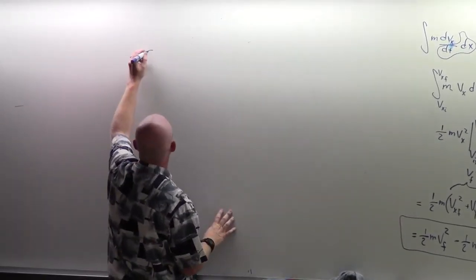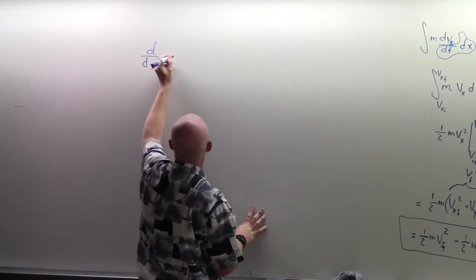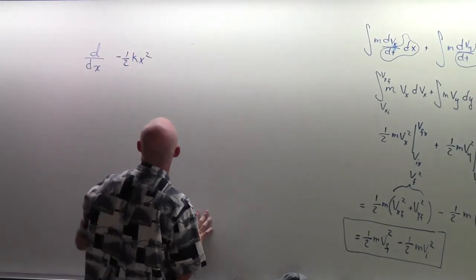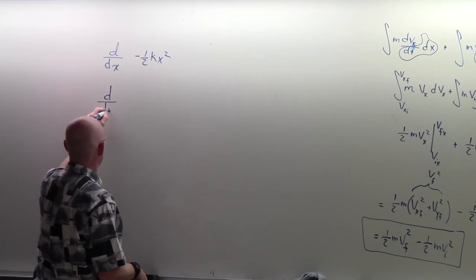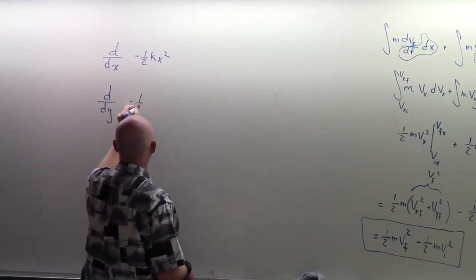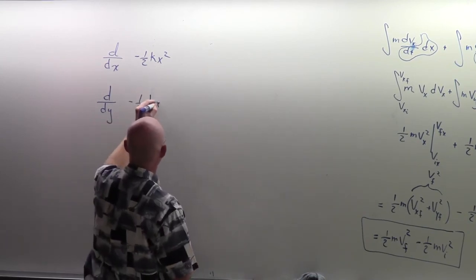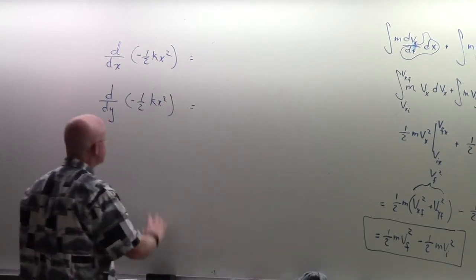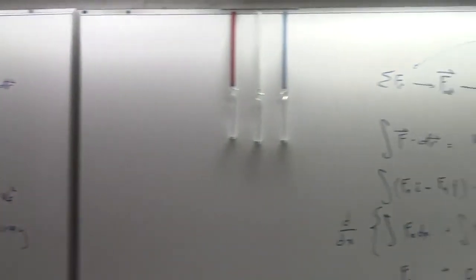But if I take the derivative with respect to x of the negative of 1/2 kx squared, and if I take the derivative with respect to y of the negative 1/2 kx squared, and so the kx squared, which again was over on that board and I erased it, but I think you can still see it here in this form.